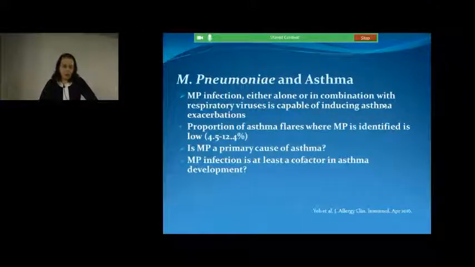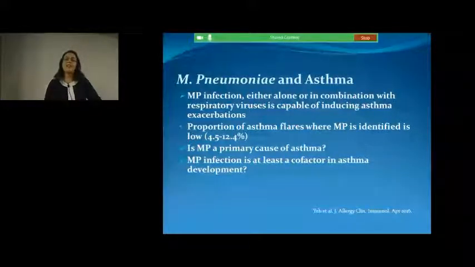Okay, so the role of Mycoplasma pneumonia infection in the pathogenesis of asthma has been a subject of continuing debate. The explosive release of pro-inflammatory cytokines in association with the infection has been implicated as a mechanism that can lead to or exacerbate an underlying chronic lung disease such as bronchial asthma.